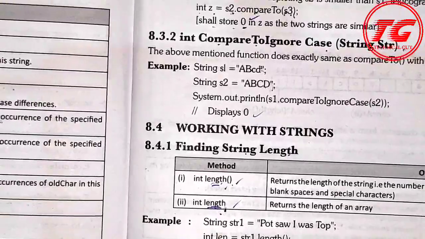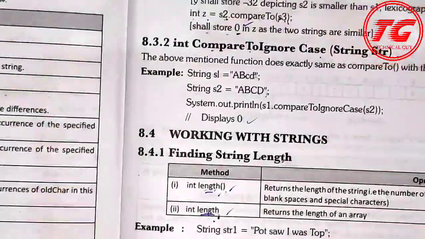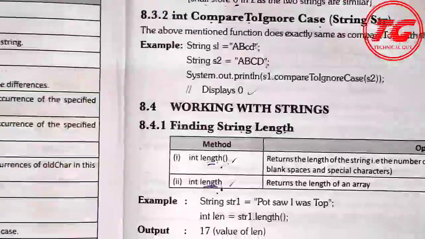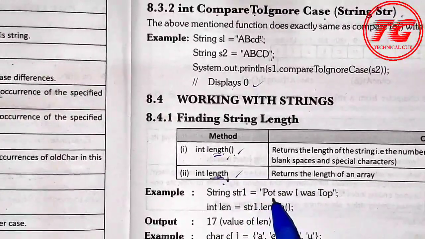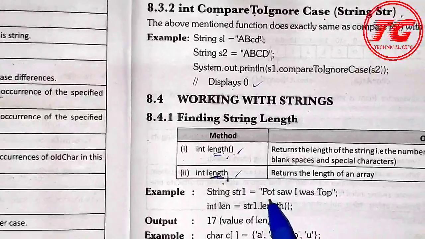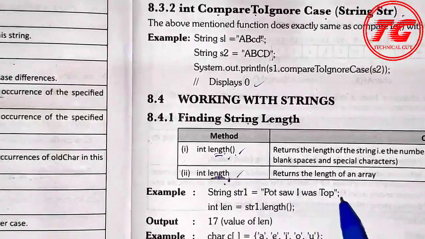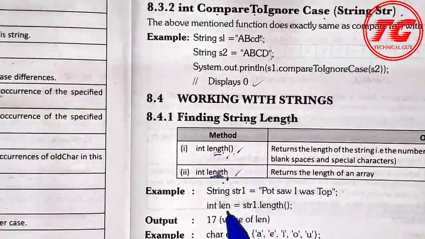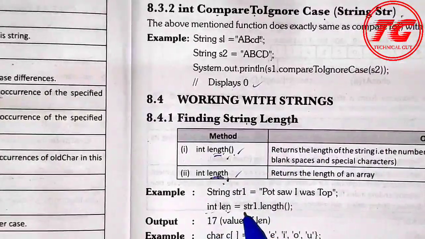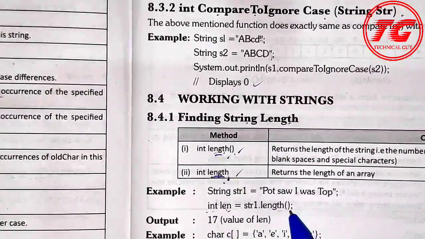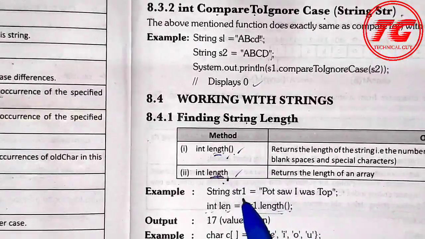Here we have an example. Here we have created a string str1 and the content of the string is: pot, saw, I was top. So here we have the variable to store the length, str1.length method. So it will find the length of str1.